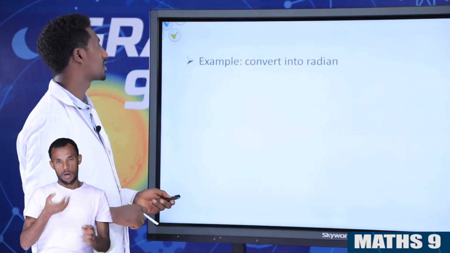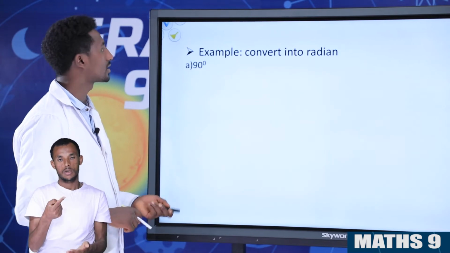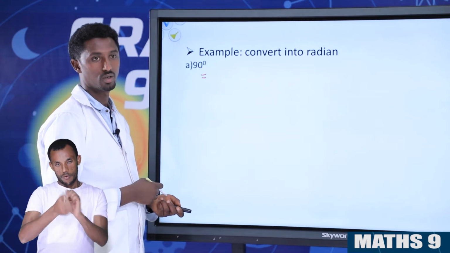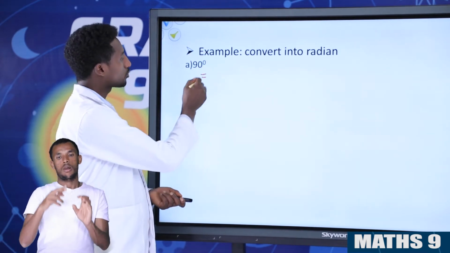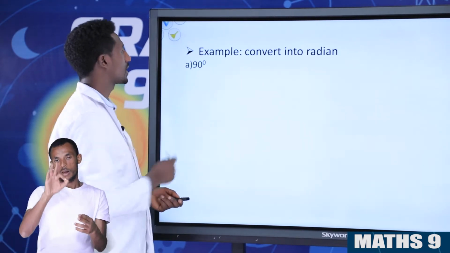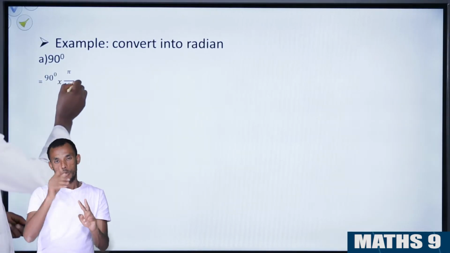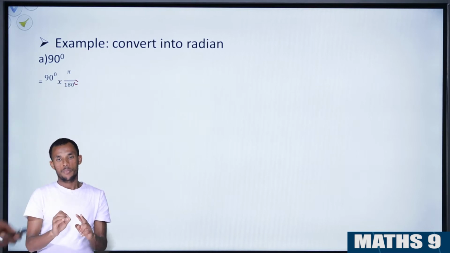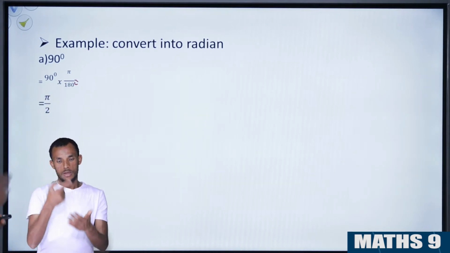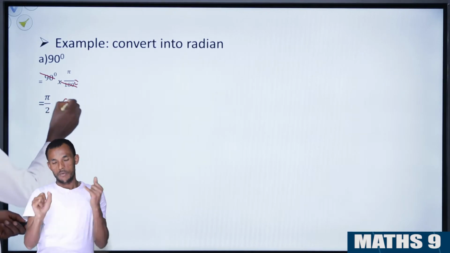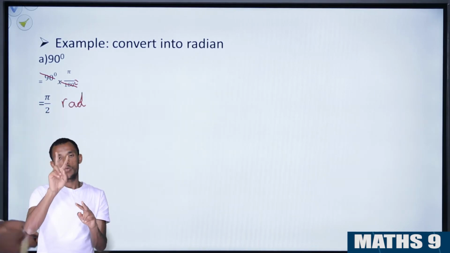So we can convert 90 degrees into radians by multiplying 90 degrees with pi over 180 degrees. So we will have this result. If we cancel this, we'll get pi over 2 rad.